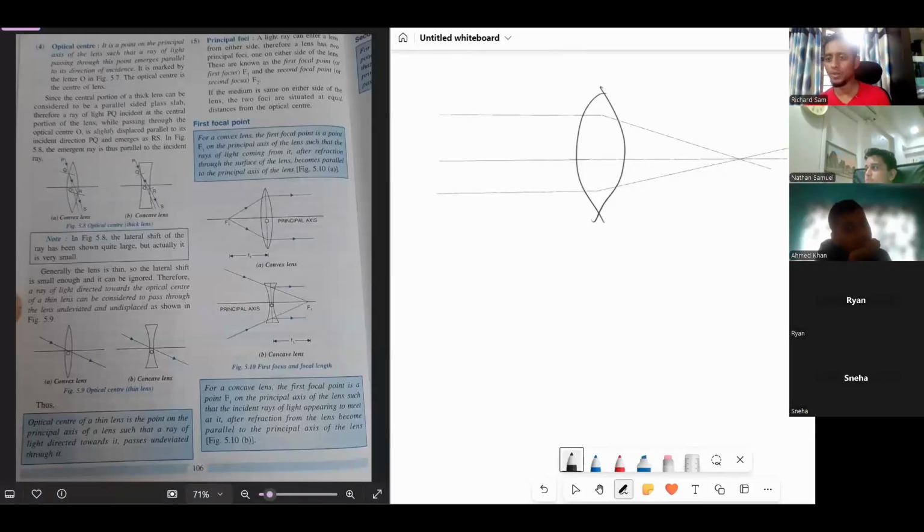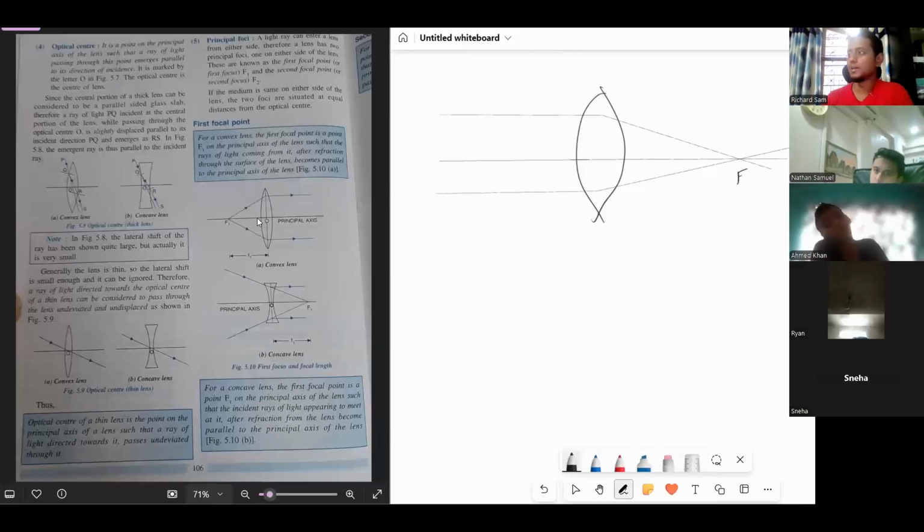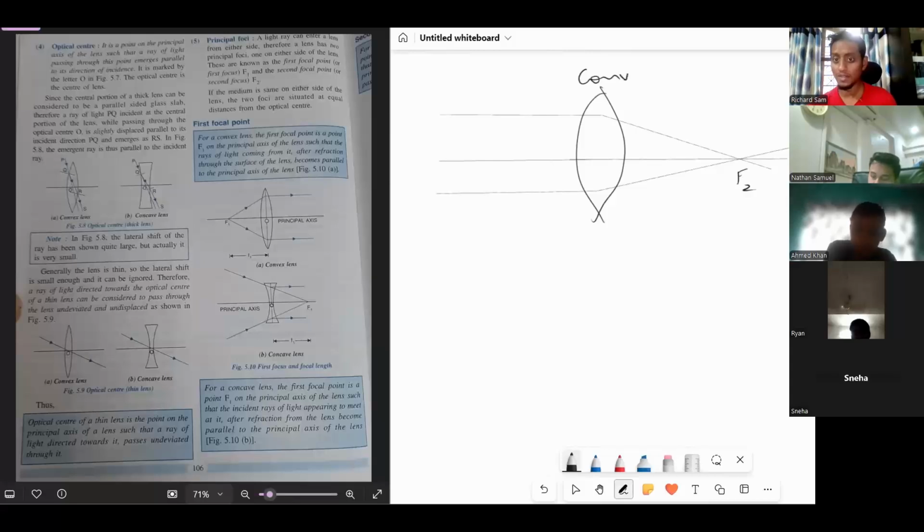What do we call this point? Focal point. But we don't just name it as focal point, we call it F2, second focal point. So this is what lens? Convex lens. So on a convex lens, the parallel rays of light meet at a point called F2.